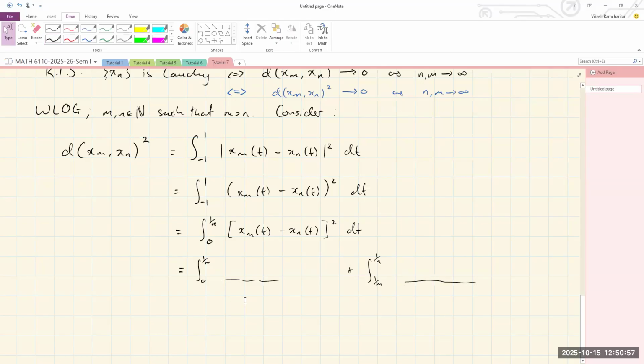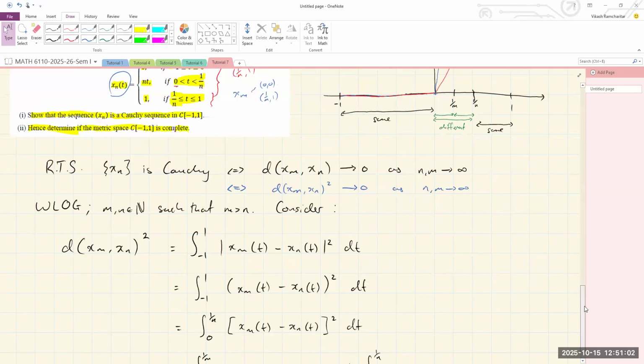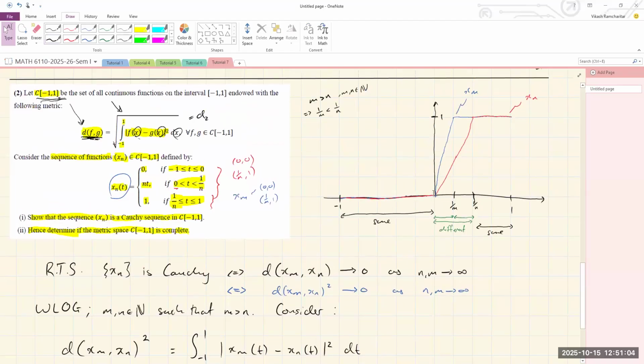From 0 to 1 over m, what does xm look like? It looks like m times t, and the other one, the red one, is n times t.